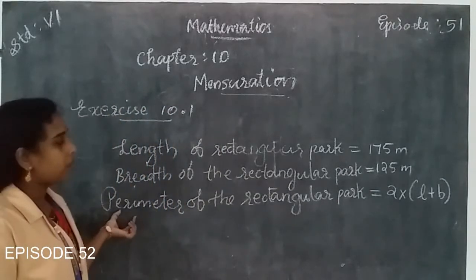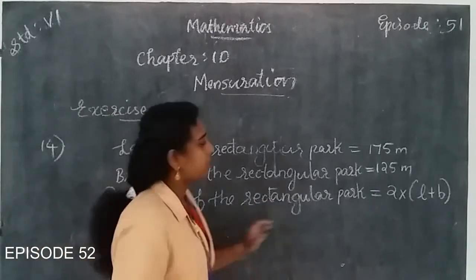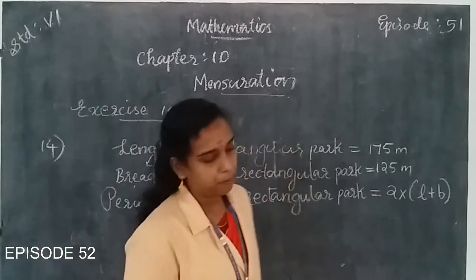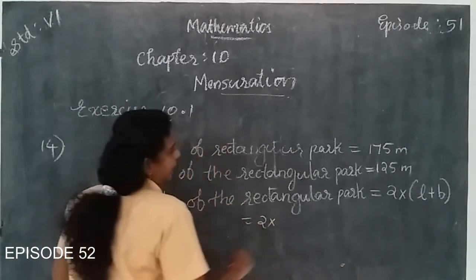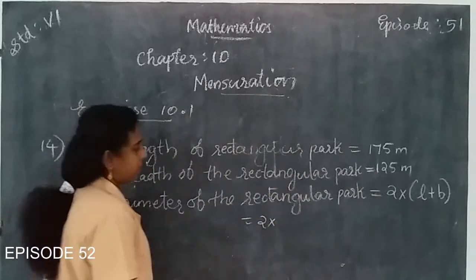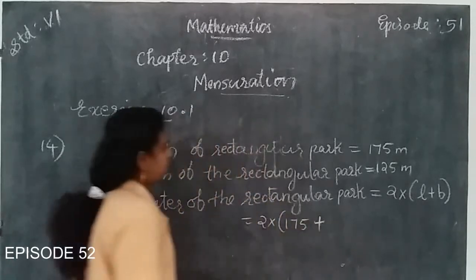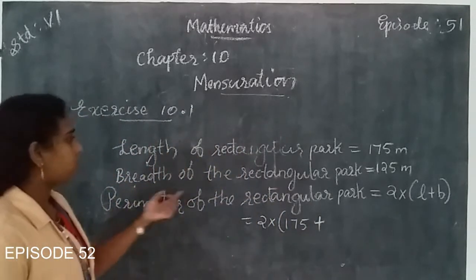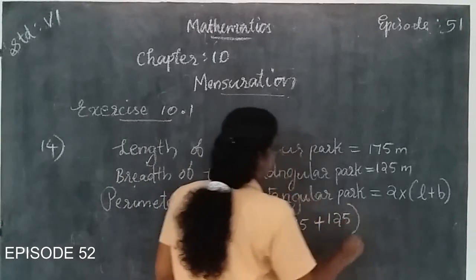Then the perimeter of the rectangular park, the equation will be 2 into L plus B, where L means length, 175 meter, plus breadth, 125 meter.